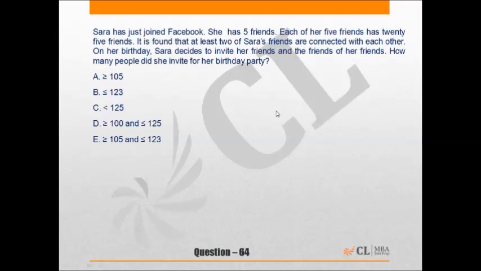Each of Sarah's friends has 25 friends including Sarah, but if we exclude Sarah, then each of her friends has 24 friends, and 5 plus 24 into 5 could have been the maximum possible number of friends.